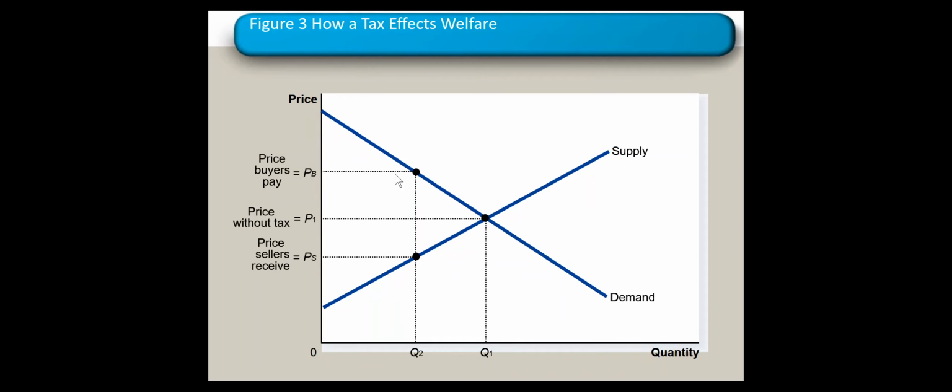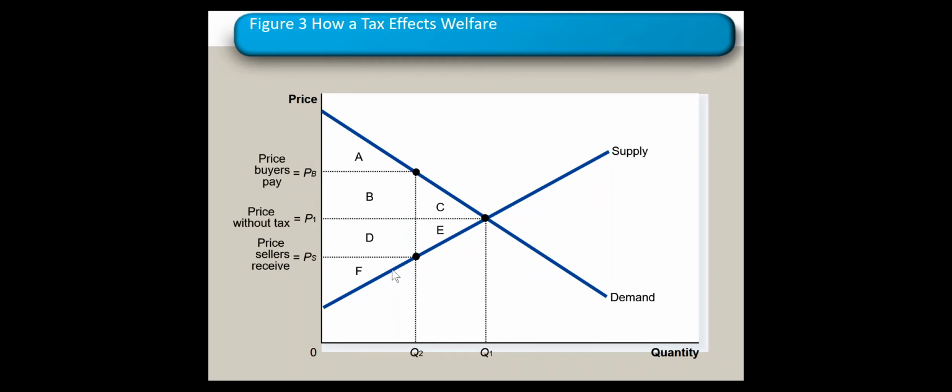So this triangle. Do you remember the producer surplus? The area above the supply curve and below the price, of course, without tax. So this triangle. So now let's mark these areas. We have triangle A, and we have rectangle B, triangle C, rectangle D, and triangle E, and triangle F.